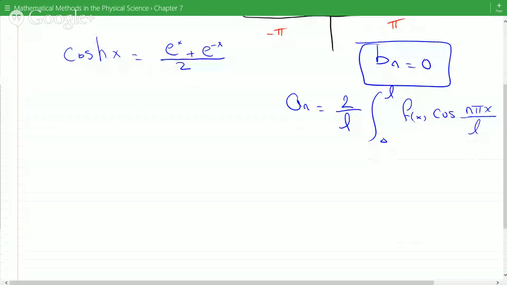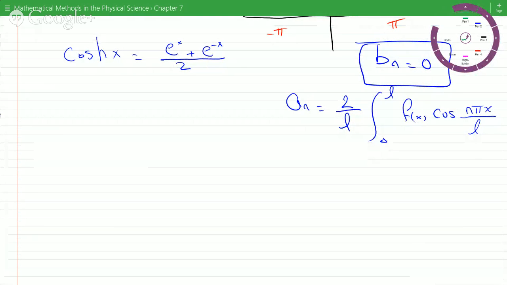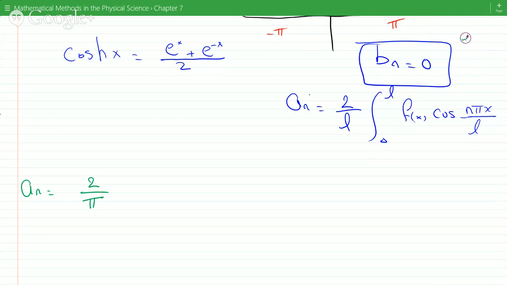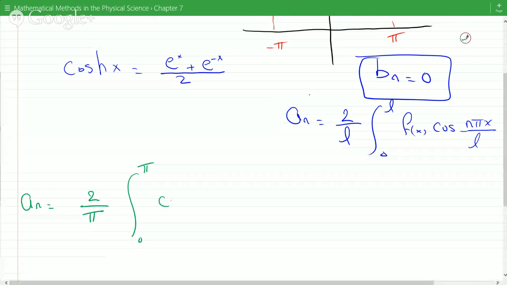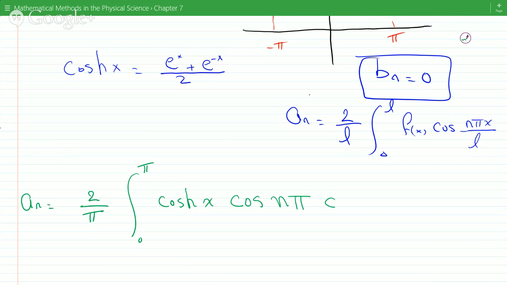So how would that be integrated then? By parts. We'll go after the a's of n. So a of n will be 2 over pi, from 0 to pi, f of x is cosine hyperbolic x times cosine n pi x over pi. So you're going to get cosine nx, because the pi will cancel out, dx.